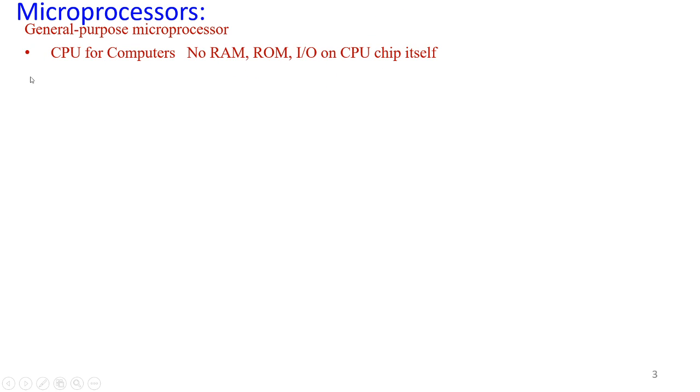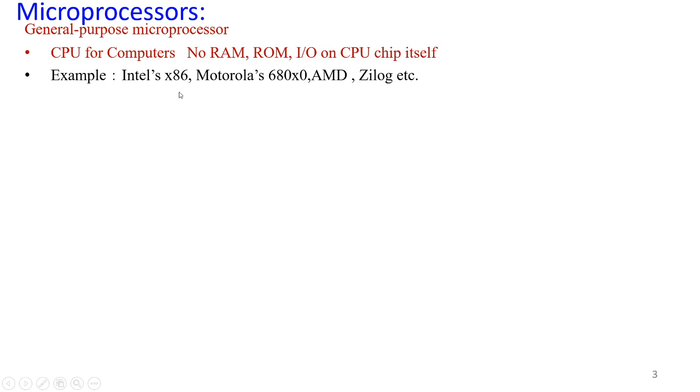Let us discuss microprocessor and microcontroller. A microprocessor is a general purpose processor. The CPU of that microprocessor does not have random access memory, read only memory and input output on the chip itself, so these parts are different.